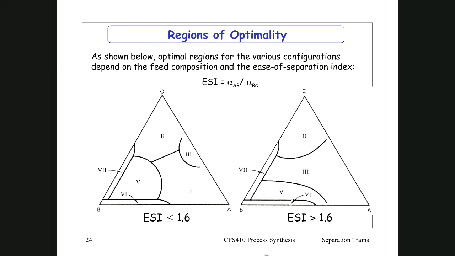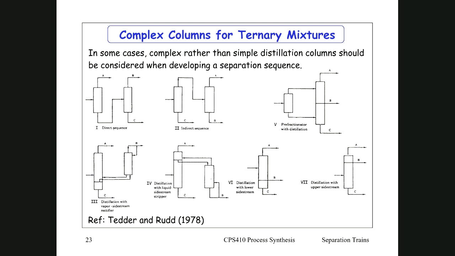Okay, so let's have a look back at this thing. Solution number 5 occupied a fairly big space when we had mostly B in the feed. We'll go back to number 5. Number 5 is a pre-fractionator with distillation.